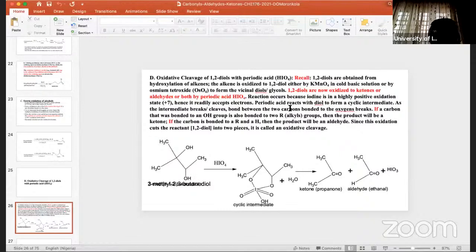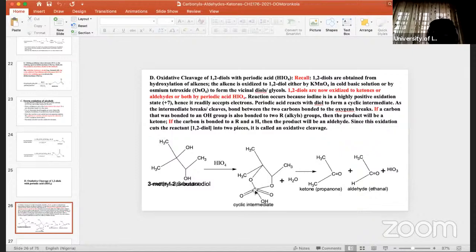The chemistry behind this reaction is that in this reagent, periodic acid, reacting with the 1,2-diol, the iodine is in the +7 oxidation state.